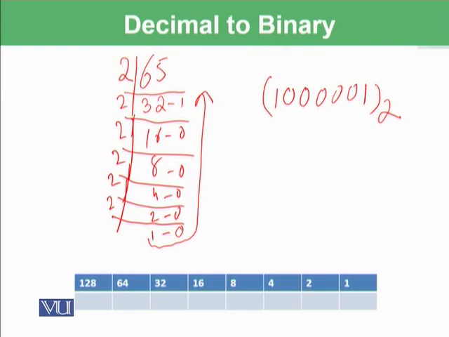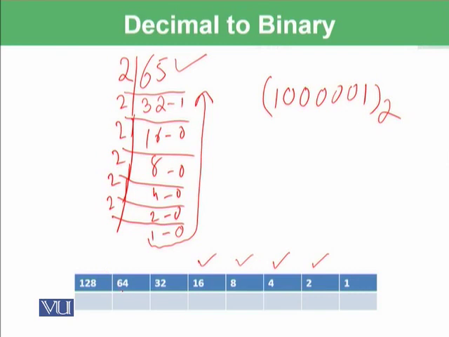And there is a short form to represent this, which I want to explain to you. So you can see that it is 65, and I have written a table which is a power of 2. So 2 raised to power 1 is 2, 2 raised to power 2, 2 raised to power 3, 2 raised to power 4, and so on. So you can see that we want to make 65.